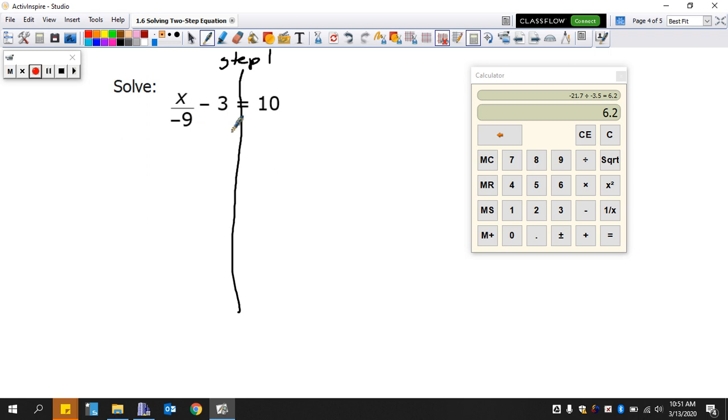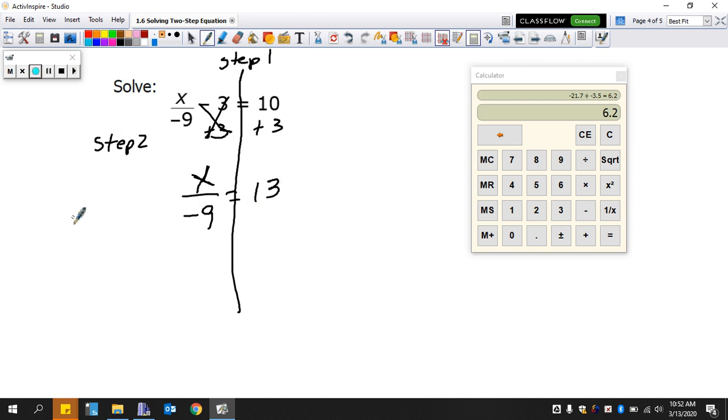So we're still going to, step 2 is we're going to add 3 to both sides of the equation. So that cancels that out. So now we have x over negative 9 is equal to 13.